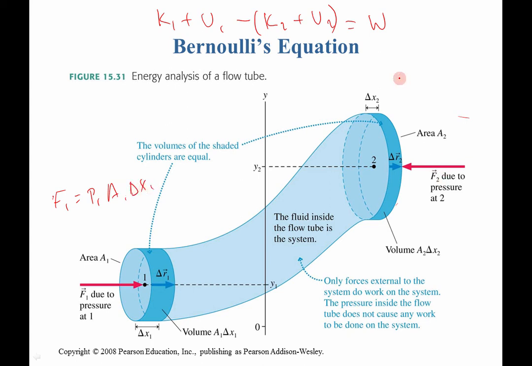And here you get that F2 is equal to P2 times A2, and the work is that force times delta x2. This is the work done by this force at this point, and here, this is the work done by this force at this point, right?